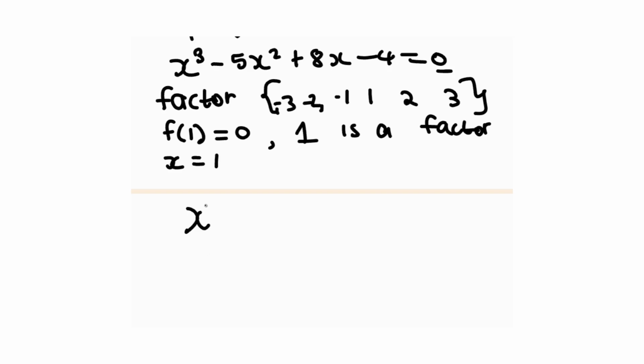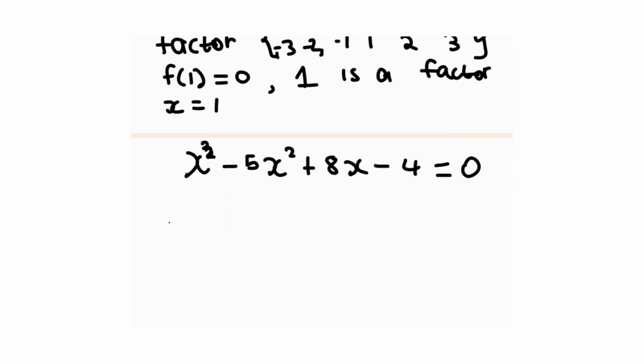So we have x cubed minus 5x squared plus 8x minus 4 is equal to 0. We have found our first factor. We said it's x minus 1 because when we substituted a positive 1, it gave us a 0. And now the main thing is for us to find the big bracket. So in the big bracket, we first want to find a quadratic equation, then we will factorize the quadratic equation into 2 more brackets.